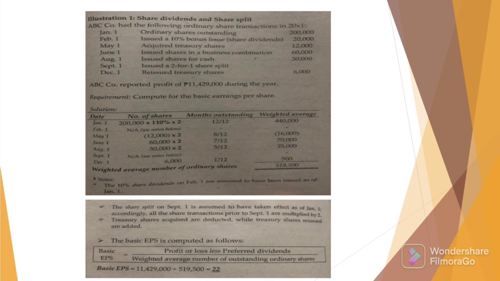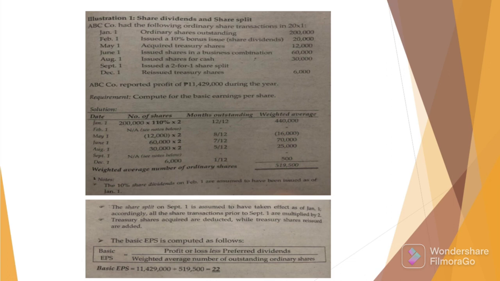Bali, galing yung times 2 doon sa may share split na naka-indicate sa problem na 2-for-1. So, for January 1, 200k times 110% times 2 is equivalent to 440,000 weighted average. Then, for February 1 nga, dahil nawala na yung bonus issue kasi inassume na nasa January 1 na in-issue yun. Kaya in-adjust na doon.